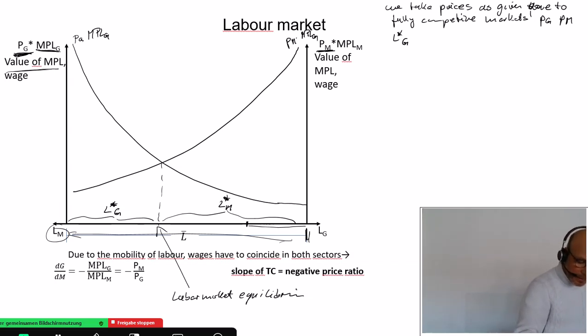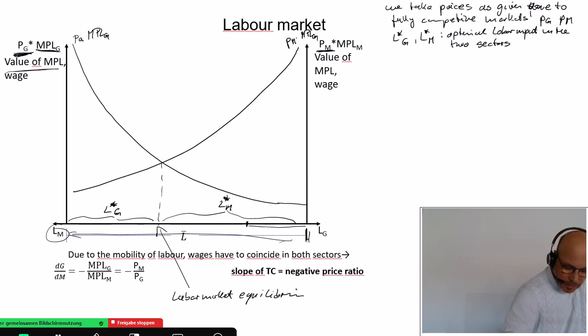L star G and L star M, optimal labor input in the two sectors.